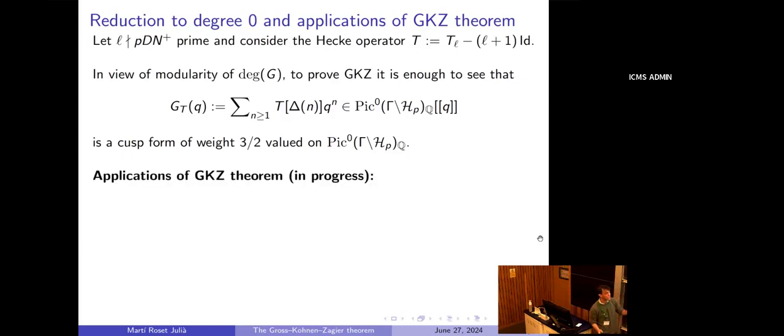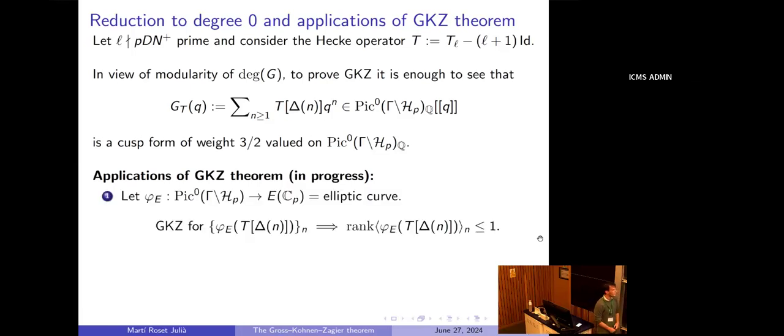So I wrote here in progress because the point 1 is actually very well known, but we're trying to deduce it from our proof itself. So this thing is still a bit in progress. And the first one is the one that motivated the most Gross, Kohnen and Zagier to work on this. So let's take as functional the projection from the Jacobian to an elliptic curve.